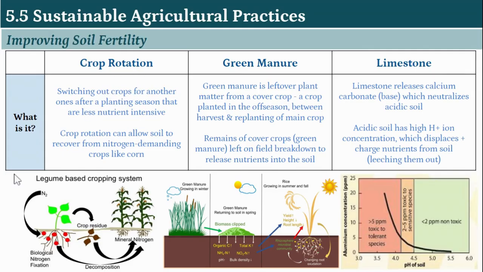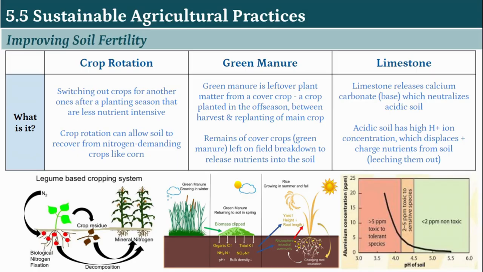Okay, crop rotation is something that was brought up when we did city farming. So in city farming, in year 2, you couldn't plant the same crops that you planted in year 1. Instead, you had to switch them out and grow something different. So this is going to help make sure that the nutrients that are being removed is not always at the same intensity. So there are certain crops like corn that need a lot of nitrogen to grow.